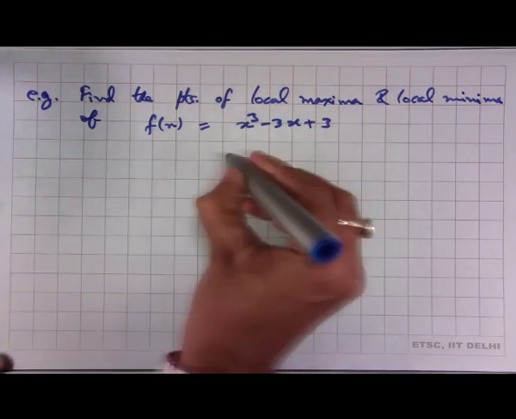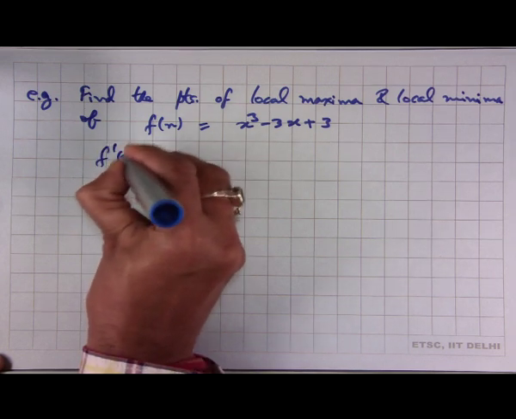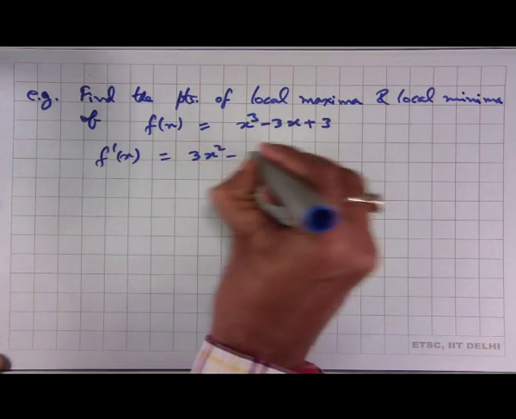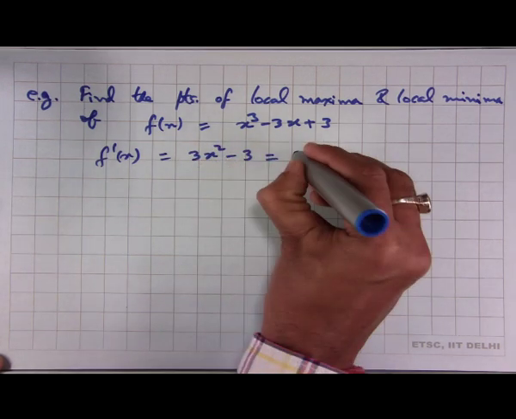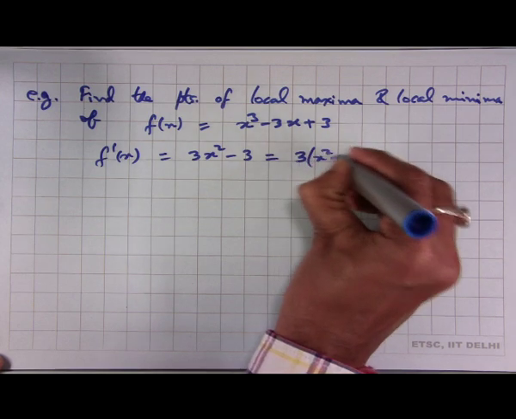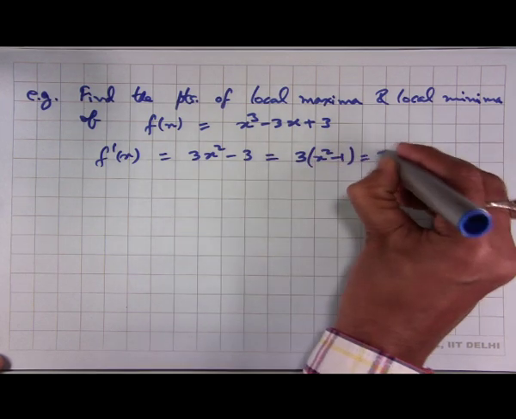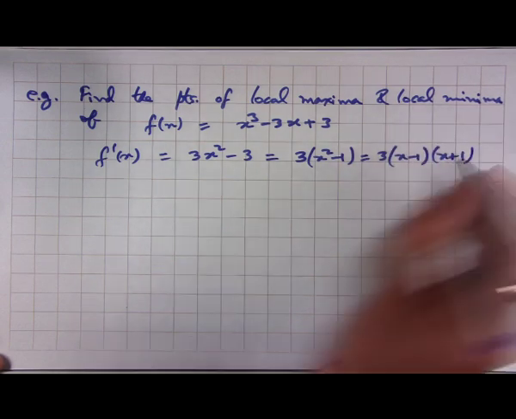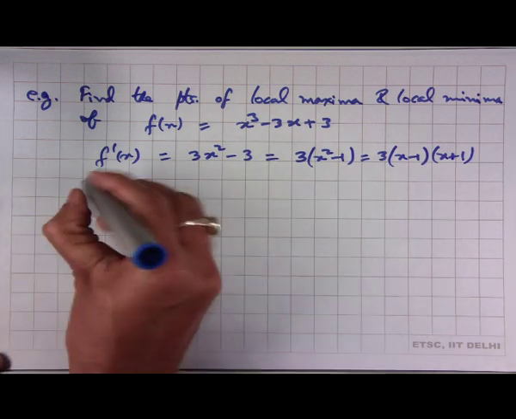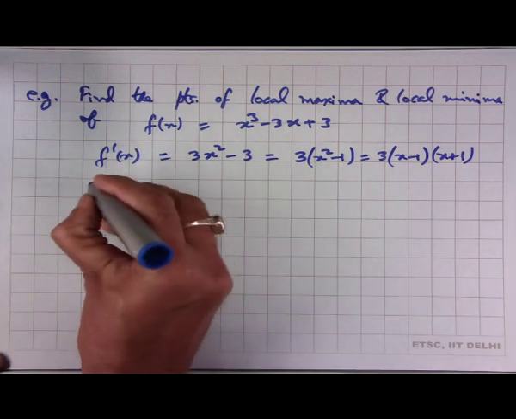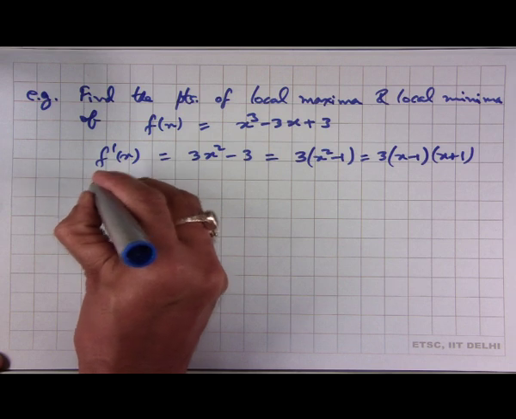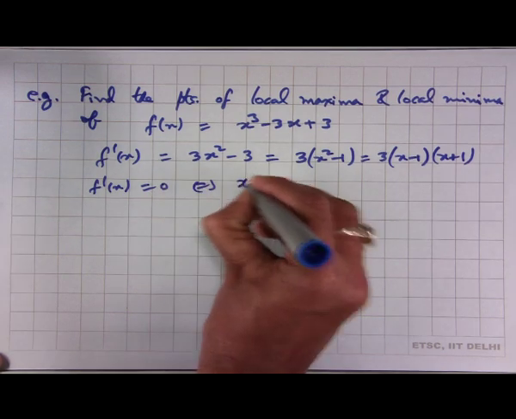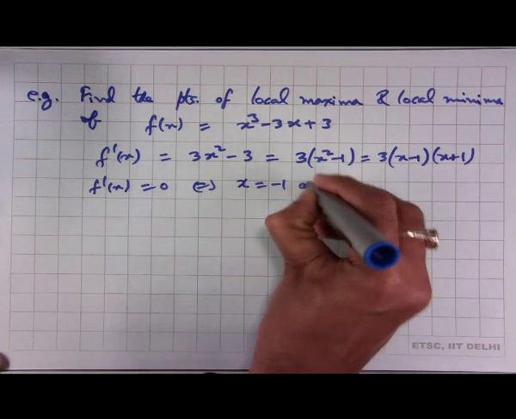So, we find the derivative f prime x, this is equal to 3x square minus 3, which is equal to 3 times x square minus 1, or 3 times x minus 1 times x plus 1. So, first we find the zeros of f prime x. f prime x equal to 0 if and only if x is equal to minus 1 or x equal to 1.